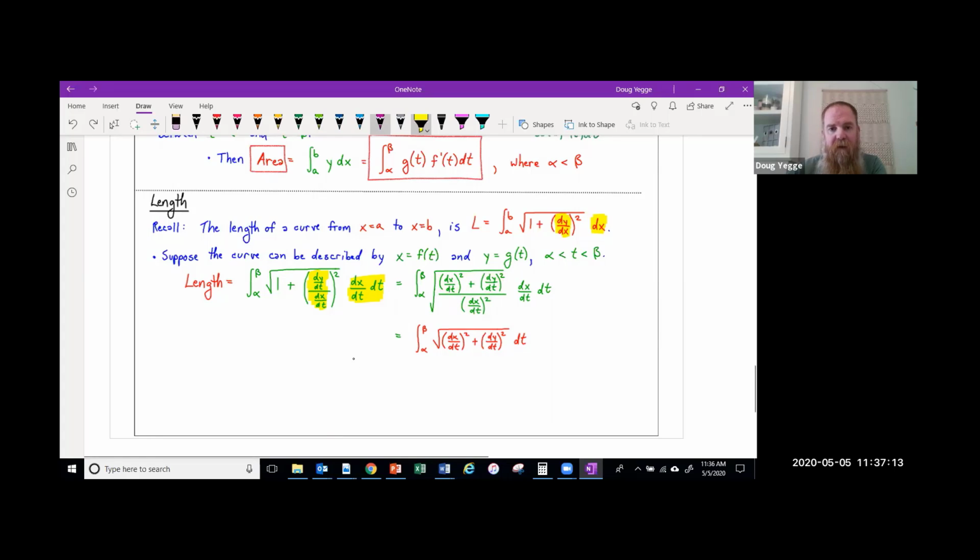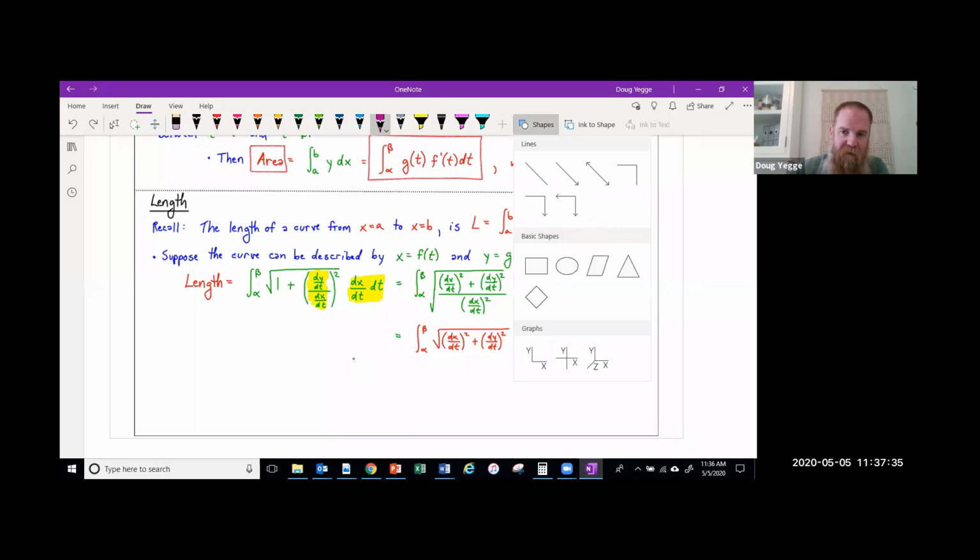So that whole square root of dx dt squared is going to cancel with that dx dt. And so the formula parametrically to find arc length is just to take the derivative of x with respect to t squared plus the derivative of y with respect to t squared, and then take the square root.